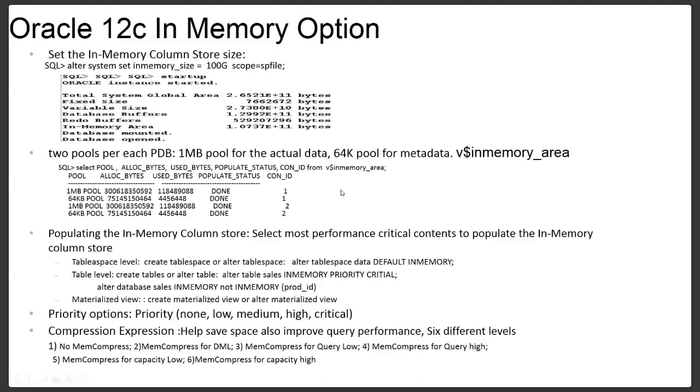The recommendation includes how much in-memory you need to use, and it also tells you that if you use such a number of gigabytes of memory, you can get an X times performance improvement. So how does it work?